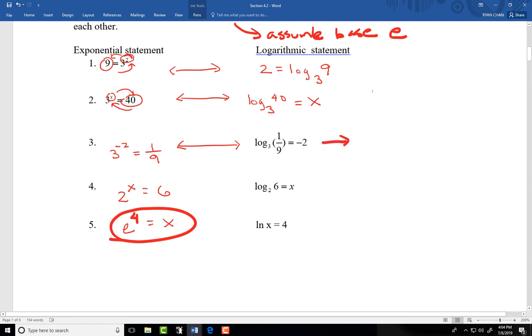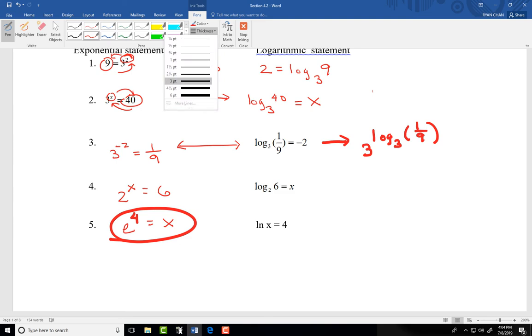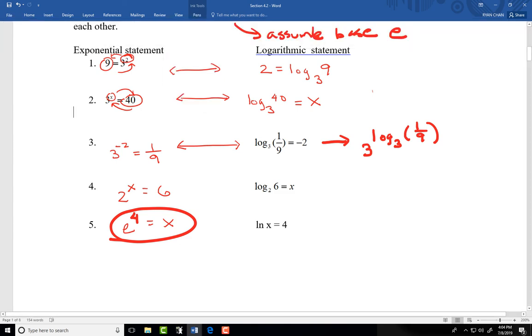What I can do is I can raise them. I can do it like this. So the left-hand side, I can slip in a base of 3 like this. Why can I do that? Why do I want to do that? The reason why I want to do that is because it's going to cancel out, right? The 3 will be raised to the log base 3. Those will cancel each other out. I'm left with 1/9.